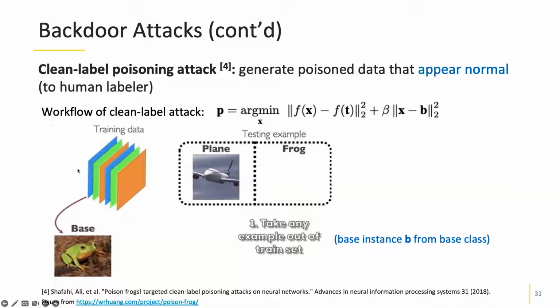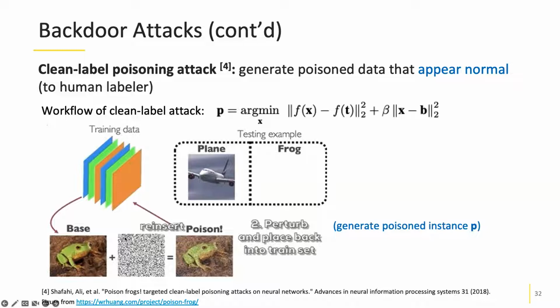And here I'll show the overall idea of an example clean label attack. What happens in clean label poisoning attack is that the adversary first takes a base image, for example, a frog here, from the training set.